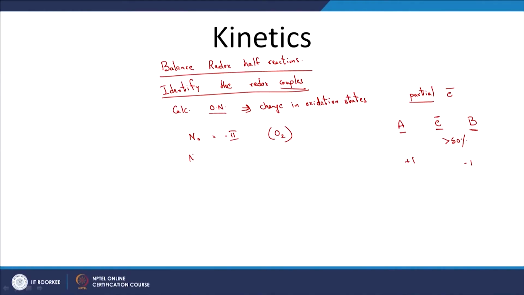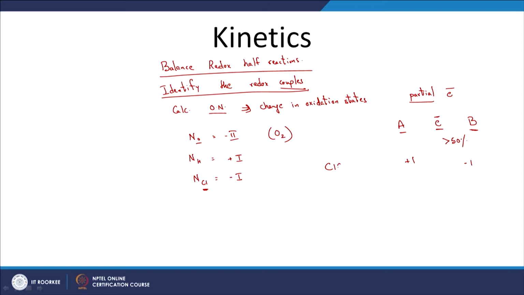Thus the oxidation state of O in O2 is 0. Usually for hydrogen it is +1, and for chlorine, or chloride, it is -1. But keep in mind that oxygen is more electronegative than chlorine.